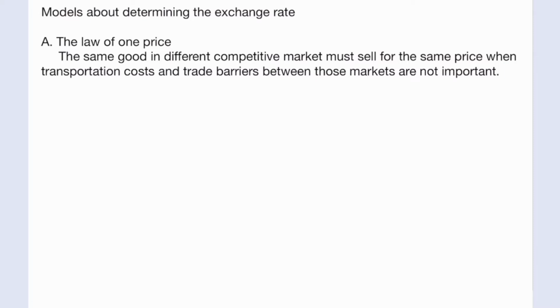Then if the pizza price is $5 each in the US and $5 each in Canada, and the exchange rate is that $1 gets 1.1 Canadian dollars, then people will choose not to buy the pizza from the US side.